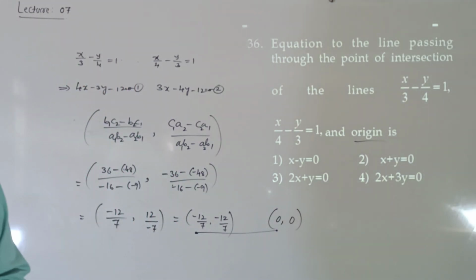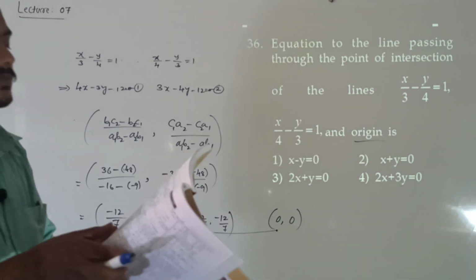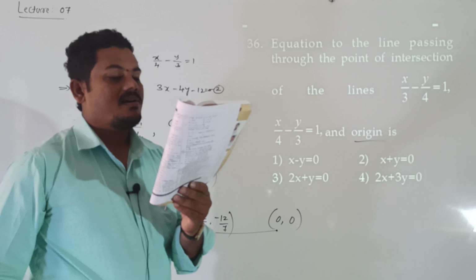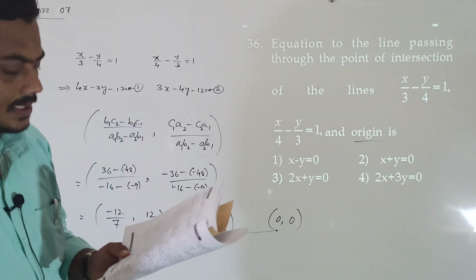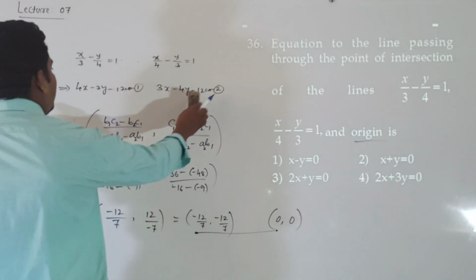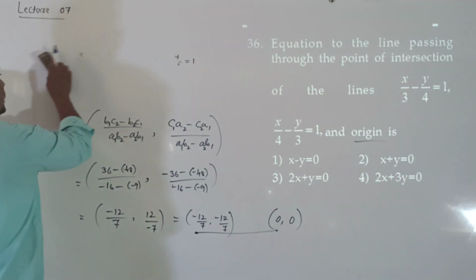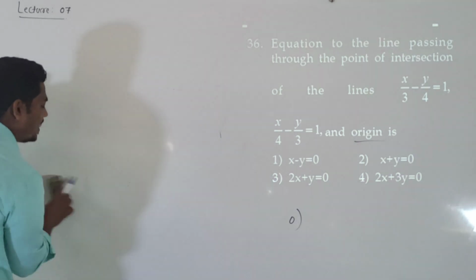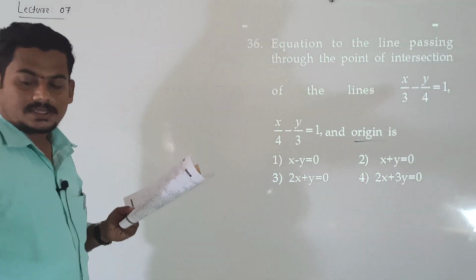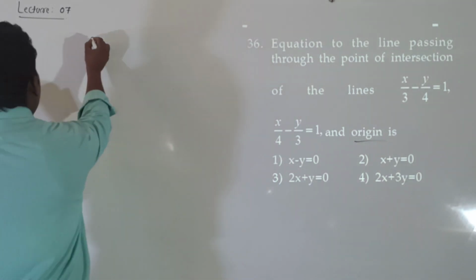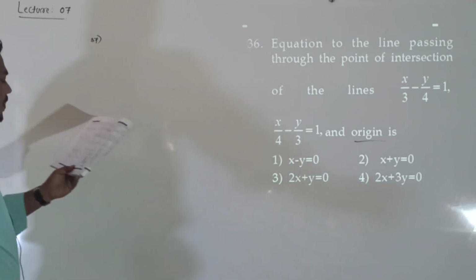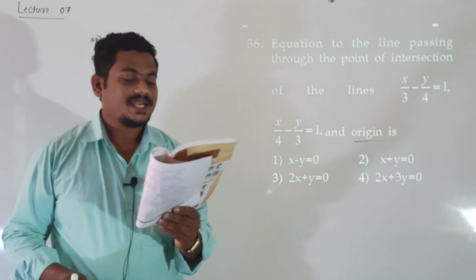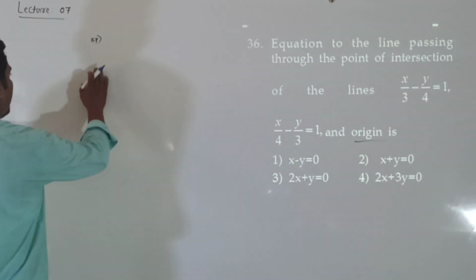And look at question number 37. Question number 37, the point of concurrence of the lines. The point of concurrence means meeting point, and take one shortcut formula.